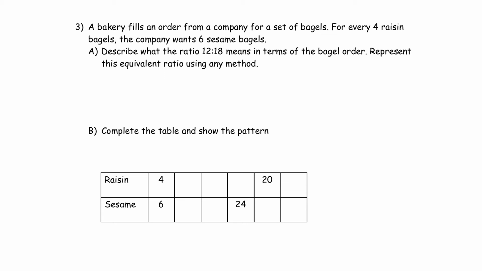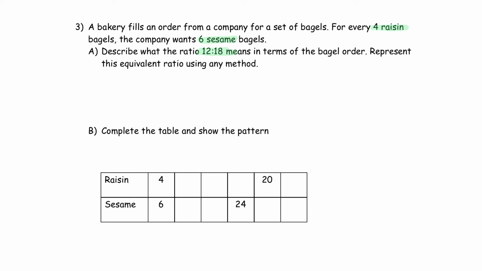So let's go back and let's analyze this from the beginning. Okay, so for letter A, I need to describe what this ratio 12 to 18 is going to mean. So I need to go back and understand what the actual information was at the beginning. A bakery fills an order from a company for a set of bagels. For every 4 raisin bagels, the company wants 6 sesame. So I'm going to start off by writing that down.